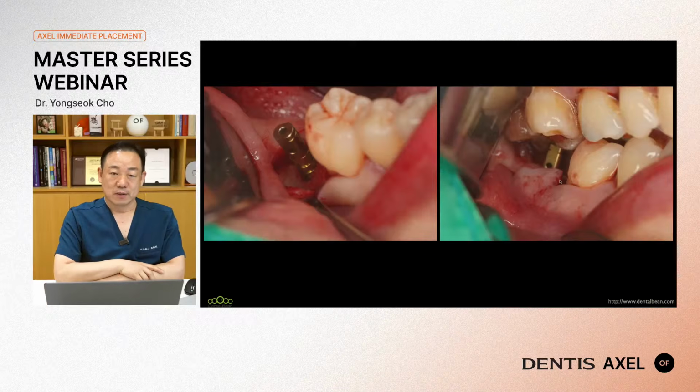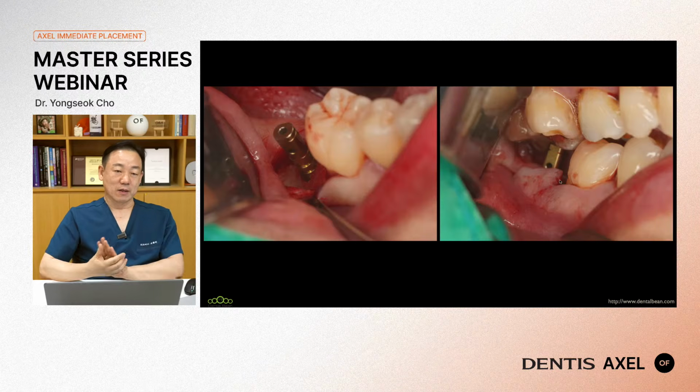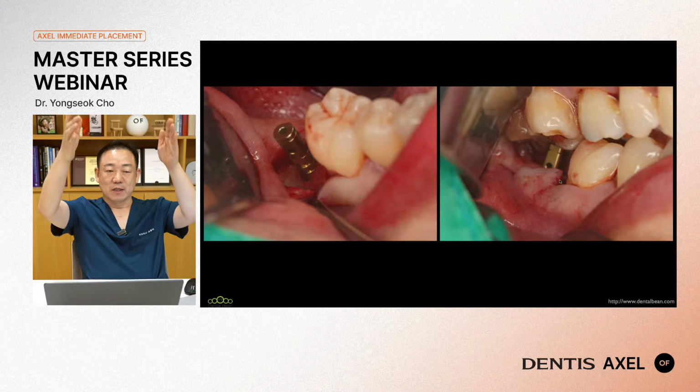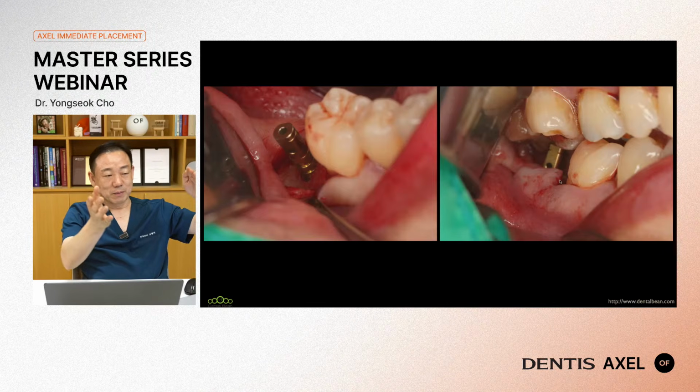Okay. And one more thing I want to emphasize at the number 7 molar side is considering the opposing tooth. When time passes, supereruption of maxillary number 7 will occur. The direction is downward and to the buccal side, like this.